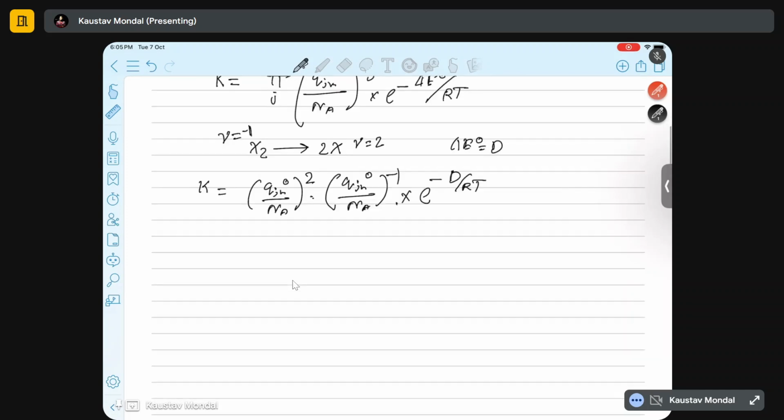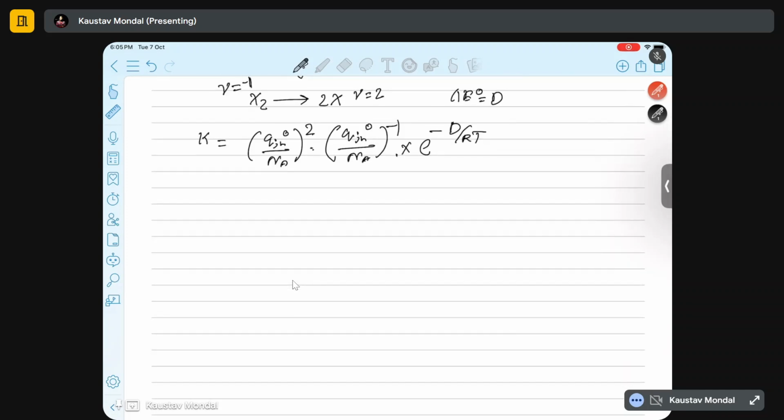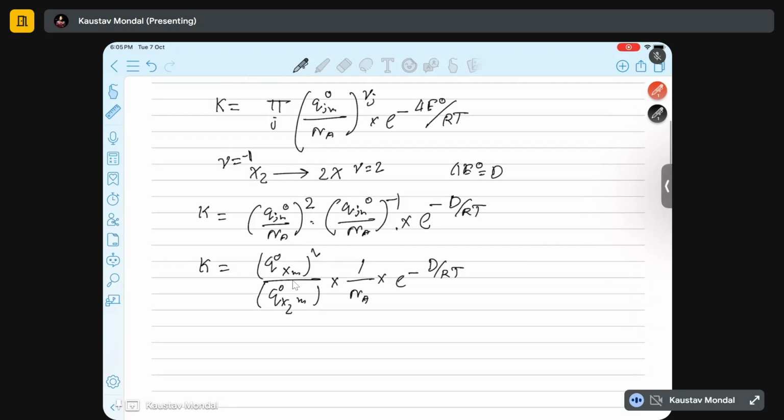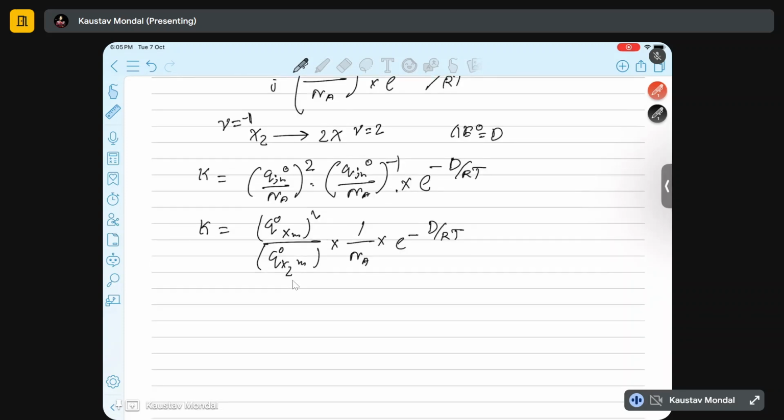Now the whole thing looks like this: K equal to qXm squared by qX2m0 into 1 by Na into e to the power minus D by RT. This is how the equilibrium constant looks for a simple reaction.